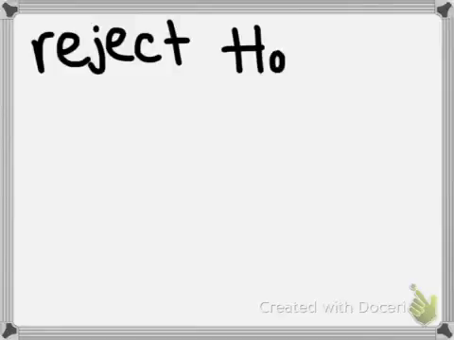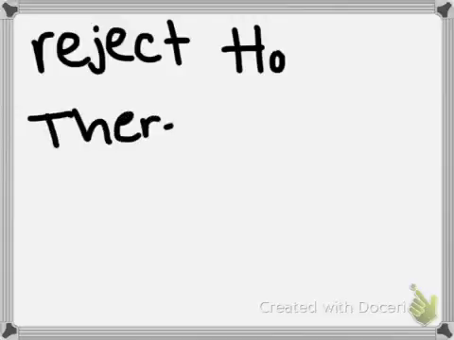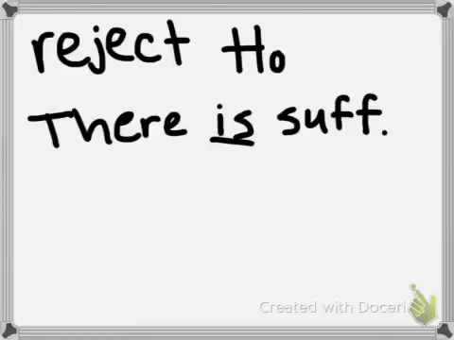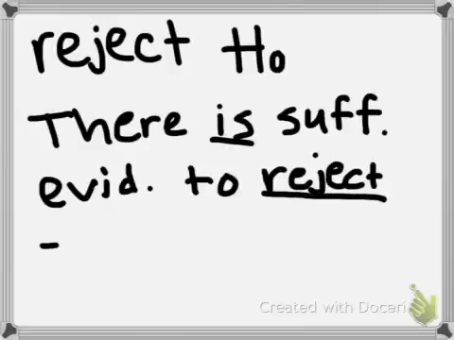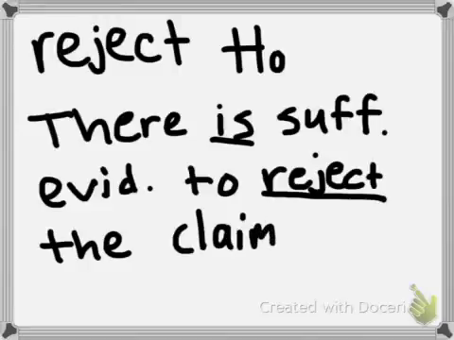And for our formal conclusion, we will write it out: there is sufficient evidence to reject the claim, I'm going to shorten sufficient and evidence, and I'm just going to leave out "that" for the sake of not having it all bunched up.